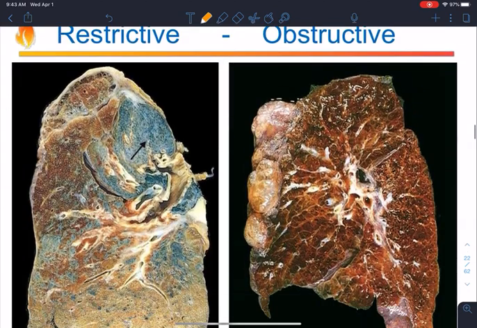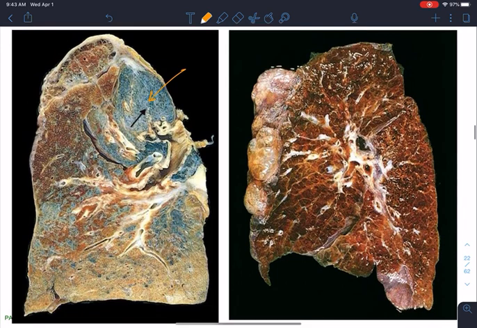This is the difference between a restrictive versus an obstructive pulmonary disorder. So see all this here is fibrotic tissue. So this should be healthy lung tissue, and it should look a little bit more like this down here. But instead, you've got all this, and I think they dyed it blue, but all this is going to be fibrous growth that shouldn't be there.